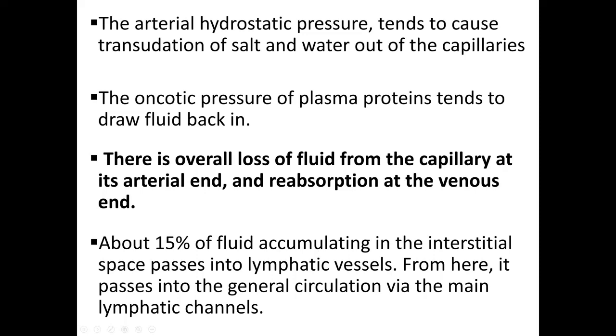There is overall loss of fluid from the capillary at its arterial end and reabsorption at its venous end. About 15% of fluid accumulating in the interstitial space passes into the lymphatic vessels. From here, it passes into the general circulation via the main lymphatic channel.